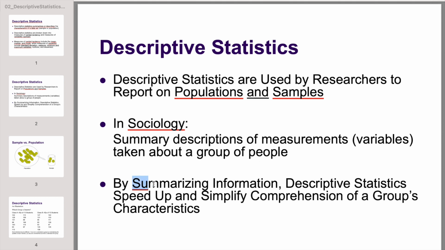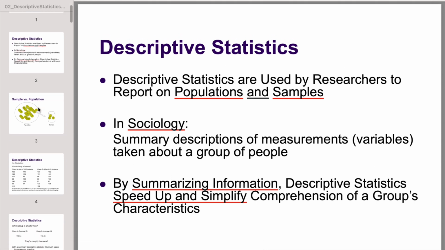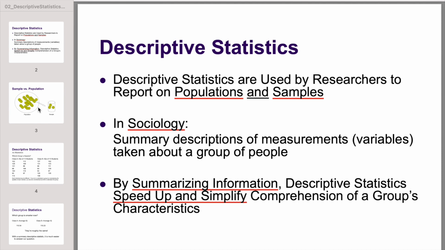Because descriptive statistics allows us to summarize the information, it assists us to speed up and simplify the understanding of the data analysis, the comprehension of a group of characteristics or properties of the data.